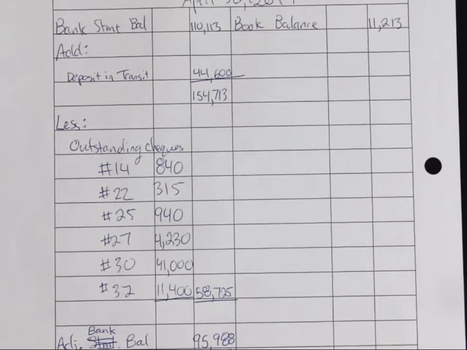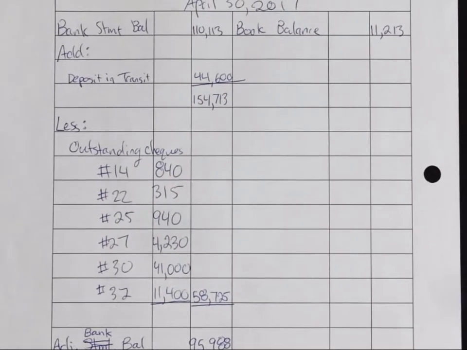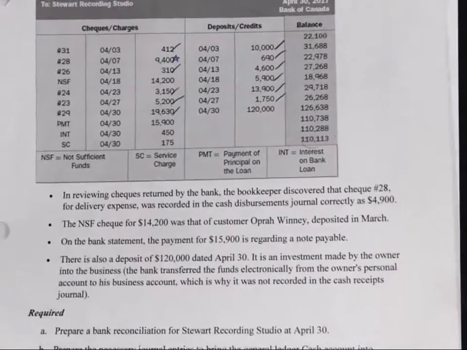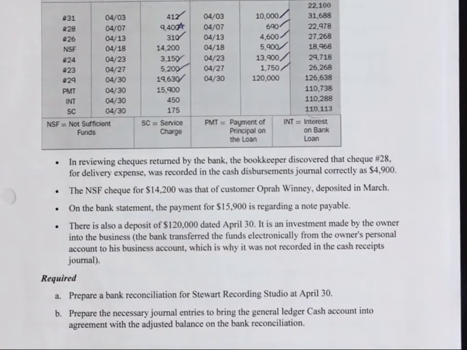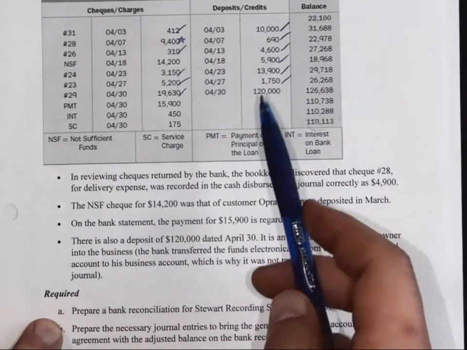So let's work through now the difficult side. This is what's in the bank, but not on the ledger. So is there any deposits that we need to add? Yes, so we need to add 120,000.